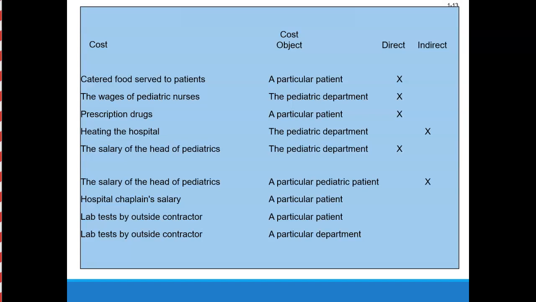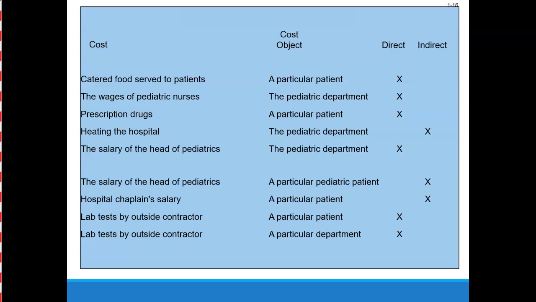That specific patient, huh? The salary for the whole pediatric department, that's indirect for that particular patient, though. Or the hospital chaplain's salary, that's indirect. How can you take that chaplain and assign it to just this patient? You can't. Does that make sense? Or what about lab tests by outside contractors to a particular patient? You can determine which lab tests were for that patient.